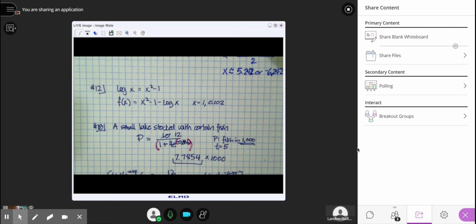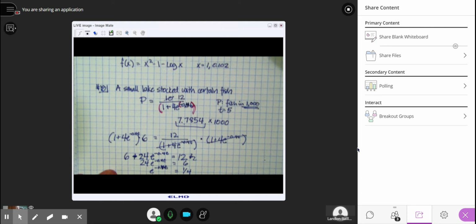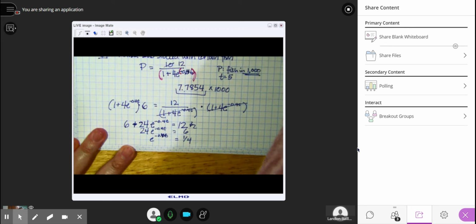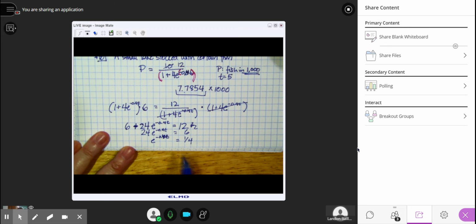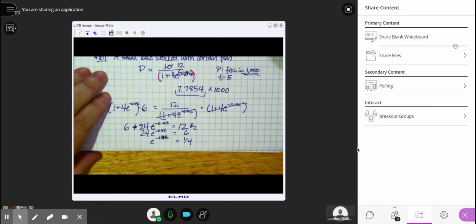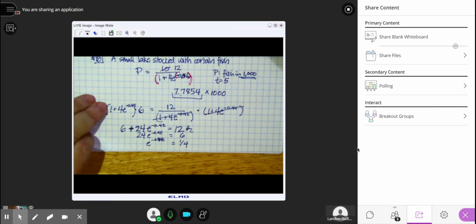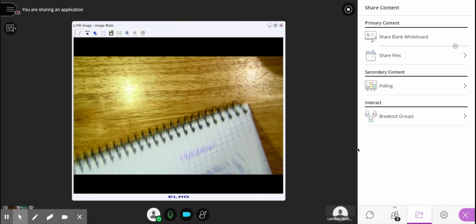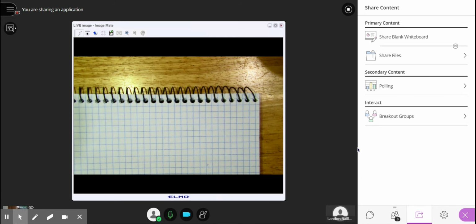And once you have just the e, sorry, oh, don't spill water on your electrics, Amy. Okay. Yep. Now you can take the natural log of both sides and go from there. Okay. Good deal.